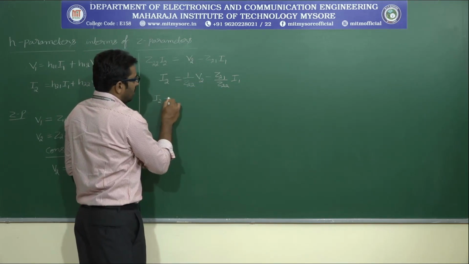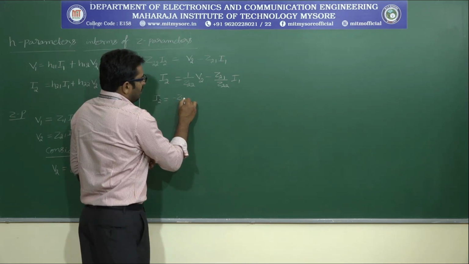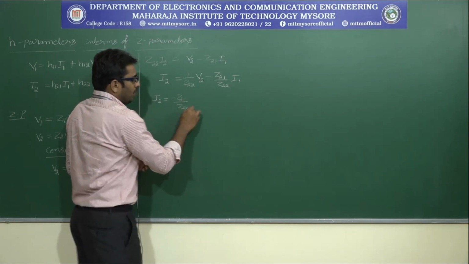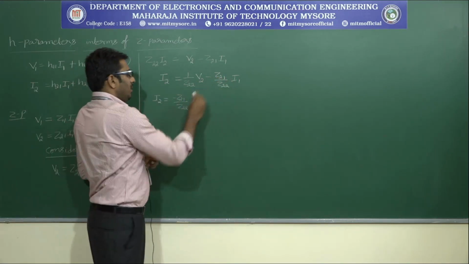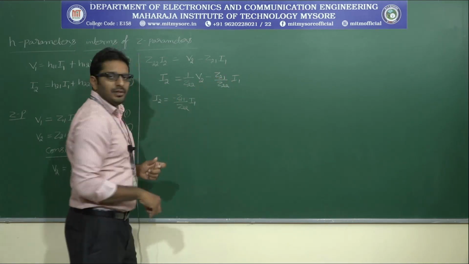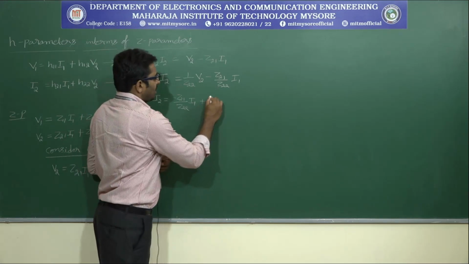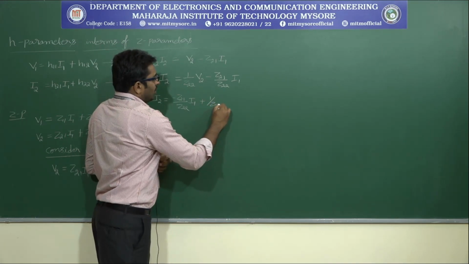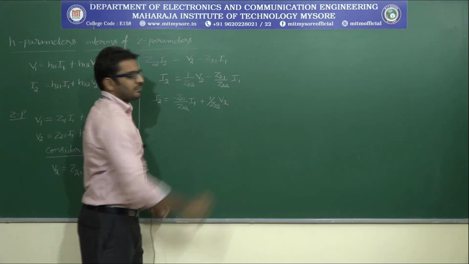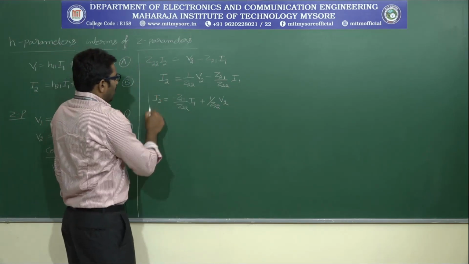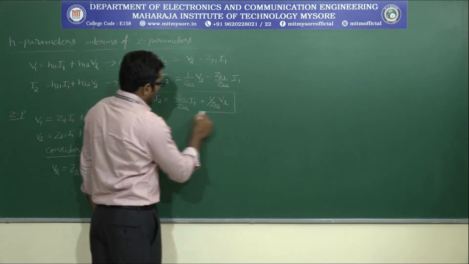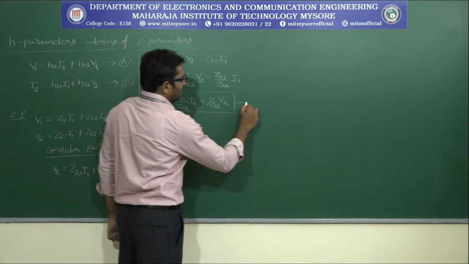I2 is equal to minus Z21 by Z22 into I1 plus 1 by Z22 V2. Now, call it equation 3.